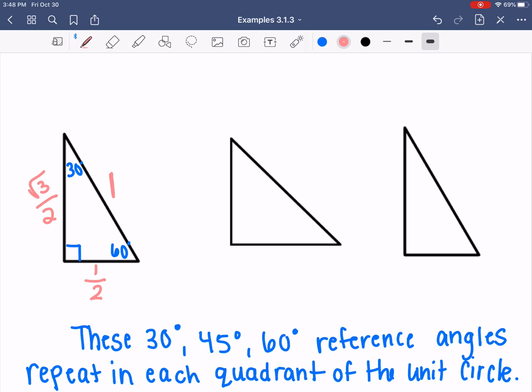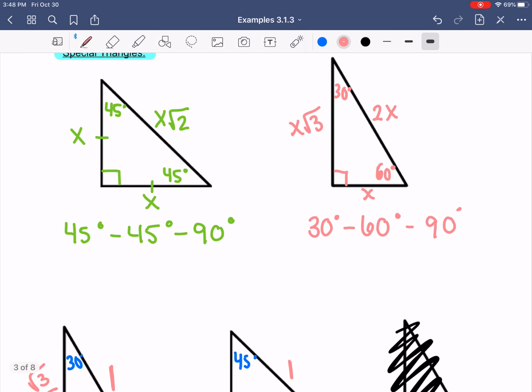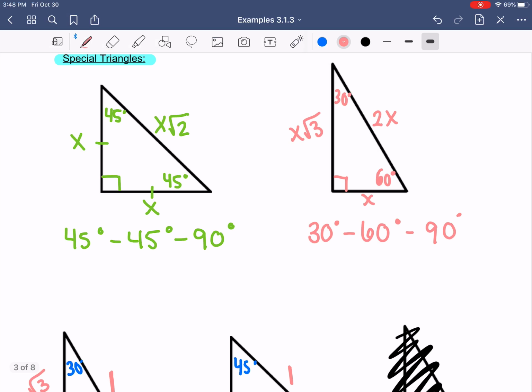All right, in our 45, 45, 90 triangle, well, we just won't use this one over here. In the 45, 45, 90 triangle, our hypotenuse is 1 because it's going to be the radius, and these other two sides are the same. The way that they are related is that you multiply these two sides by radical 2 to get the other one.